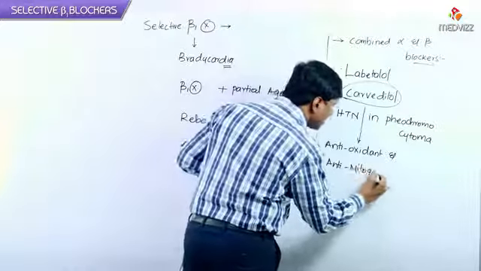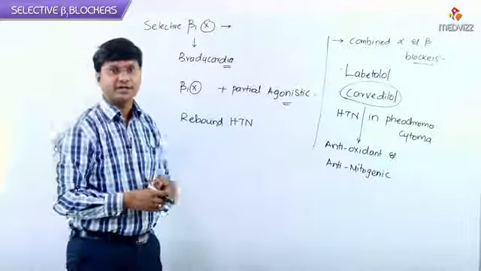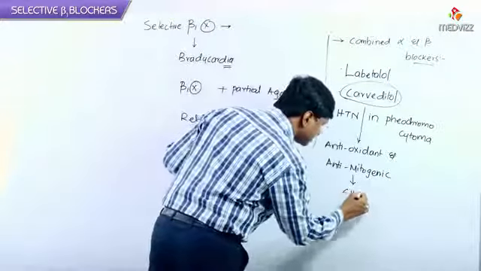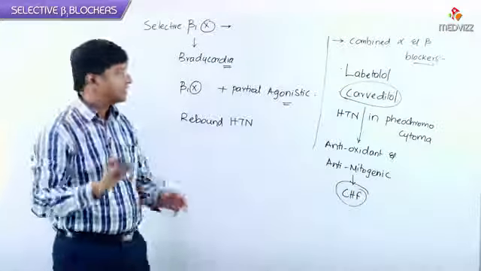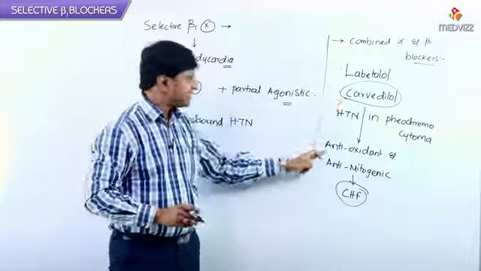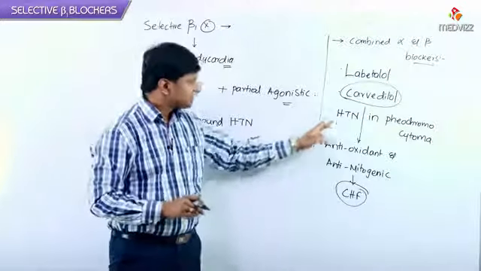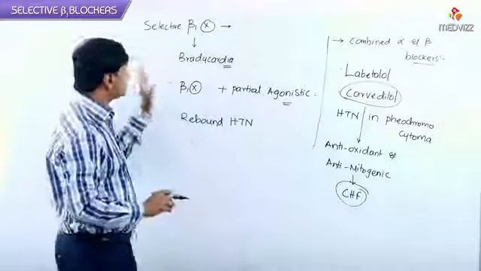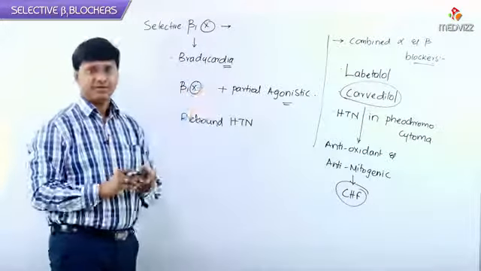Because of this antioxidant and anti-mitogenic property, it is used in patients with congestive heart failure. Remember this point: carvedilol has antioxidant and anti-mitogenic property, and that is the reason why it is useful in congestive heart failure. So this is about your alpha blockers, beta blockers and alpha and beta blockers.